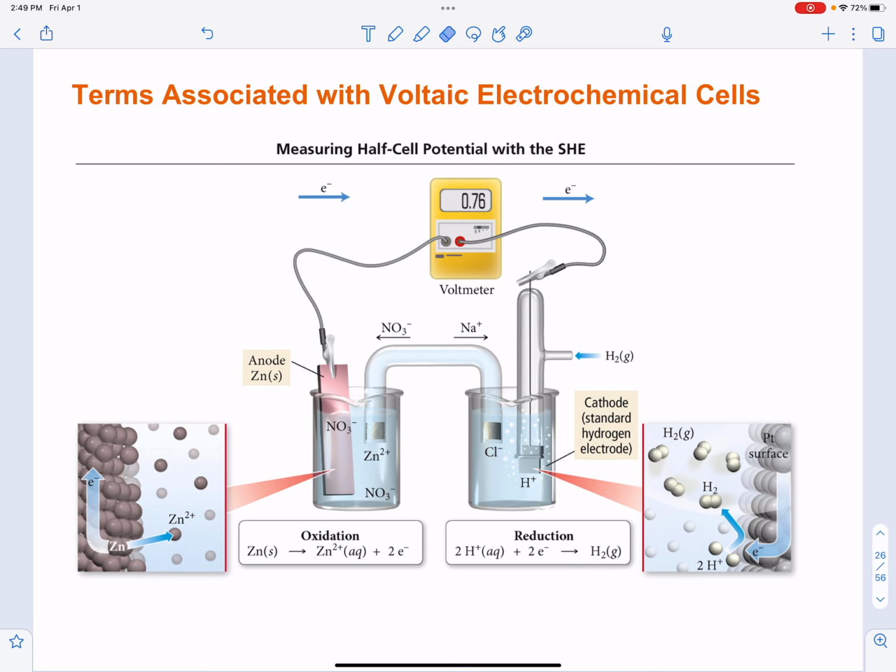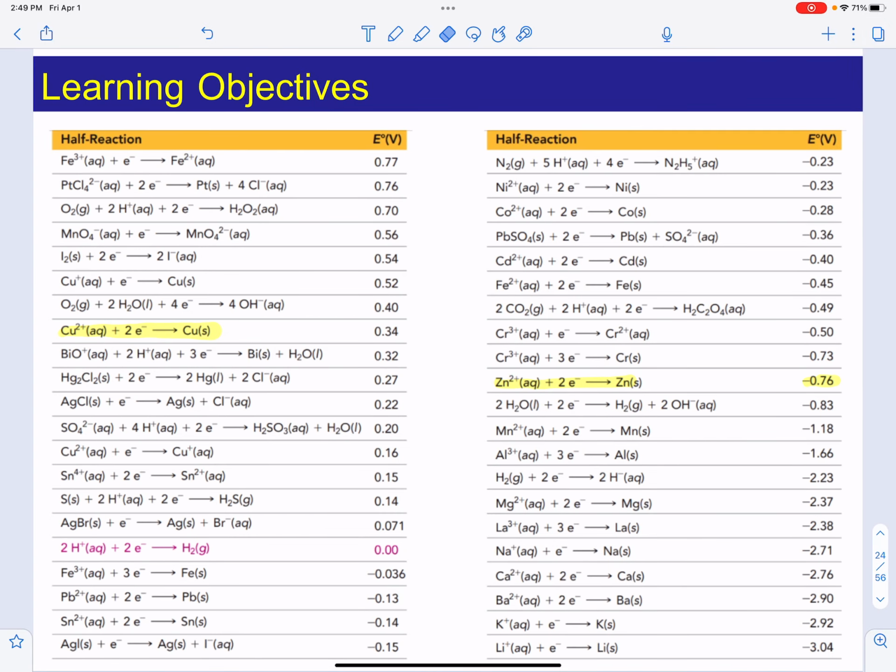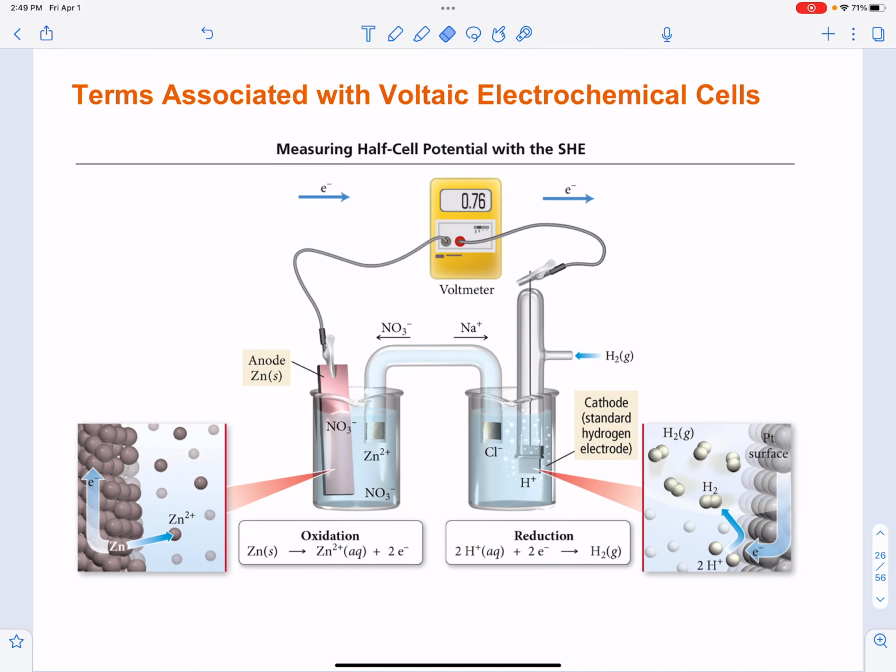So here you can see a little more detail. This is how we get the tables. Those tables come from a setup where one of the sides is hydrogen. So we're going to determine hydrogen to be 0 volts.